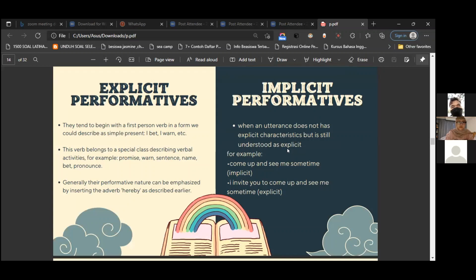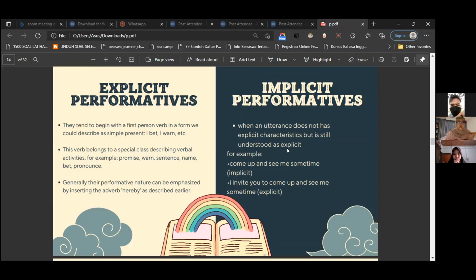For example, I bet, I warn, or I name. For example, from the book, you can read the PDF. The second point is that this verb belongs to a special class describing verbal activities, for example promise, warn, sentence, name, and so on. Generally, their performative nature can be emphasized by inserting the adverb hereby before the verb, as described earlier. It is just an additional adverb.